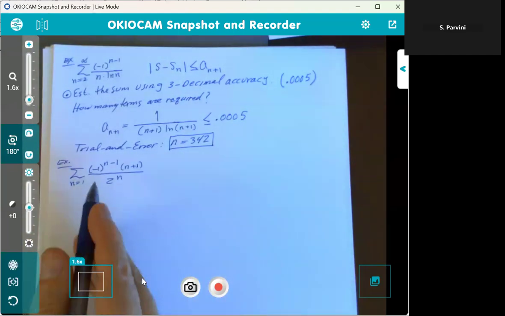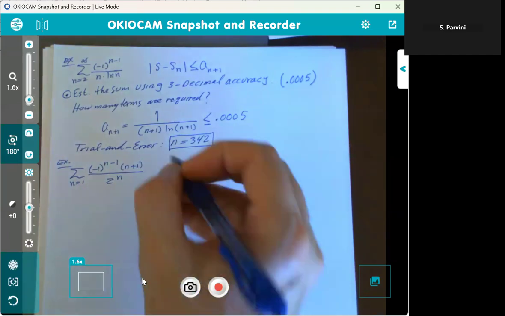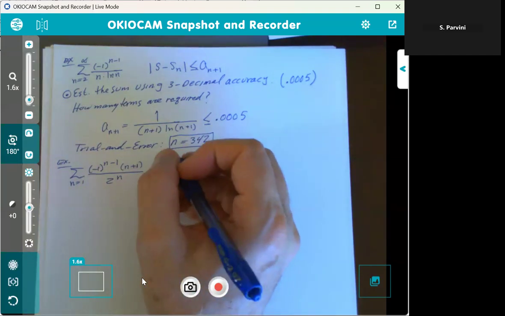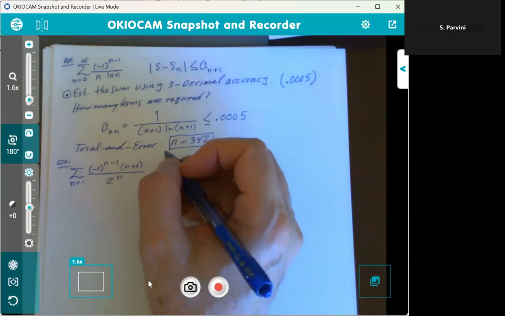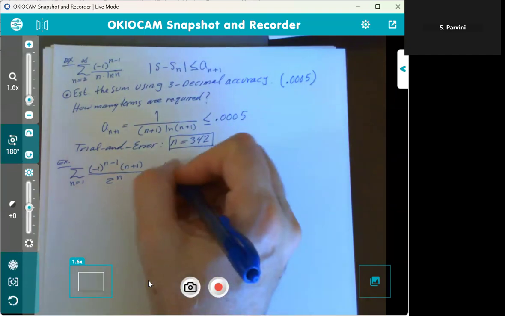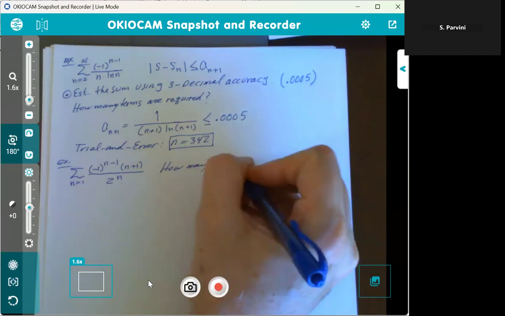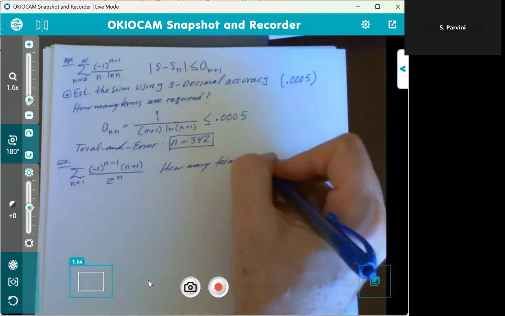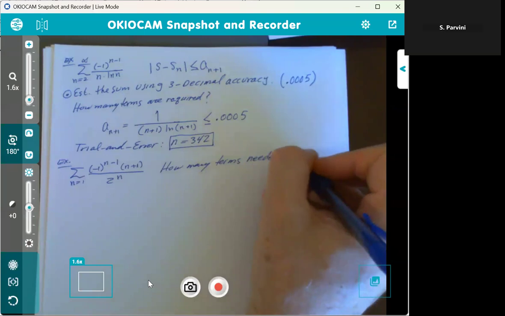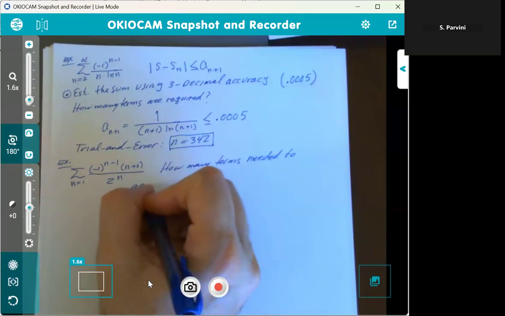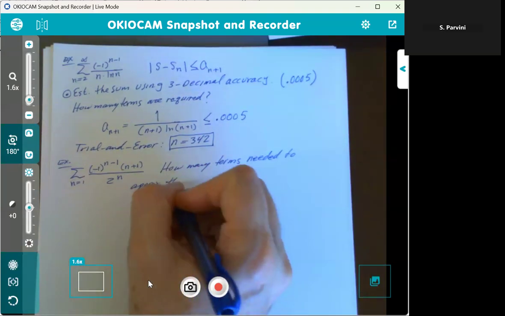Okay, so in this example, I have the series. And we want, again, let's see how many terms we need. How many terms are needed to approximate the sum?